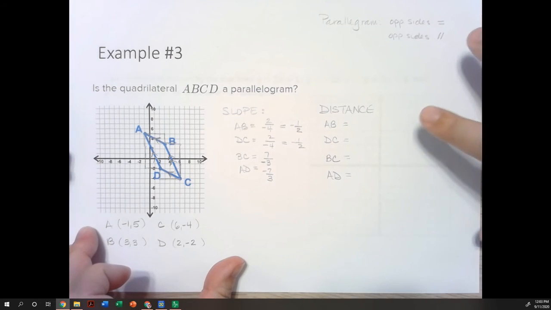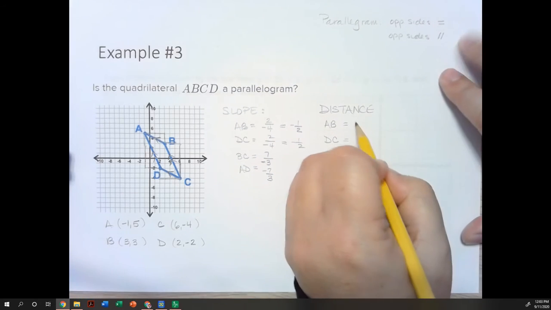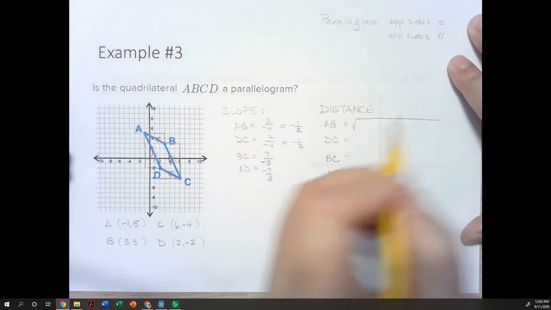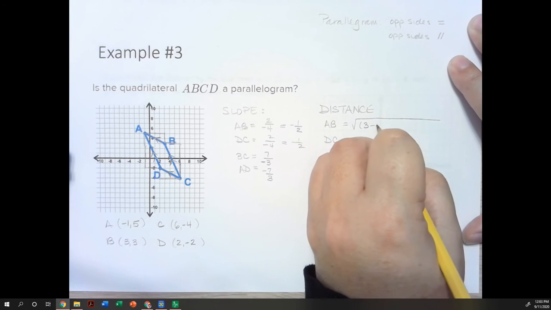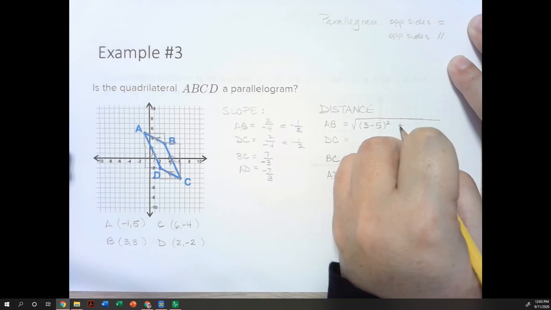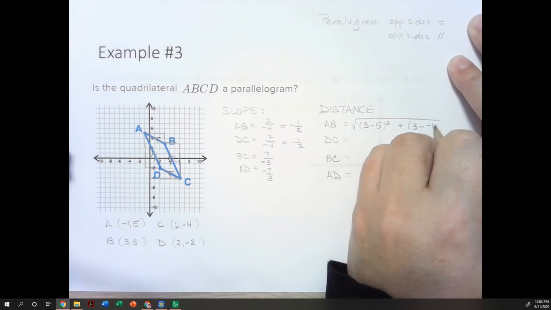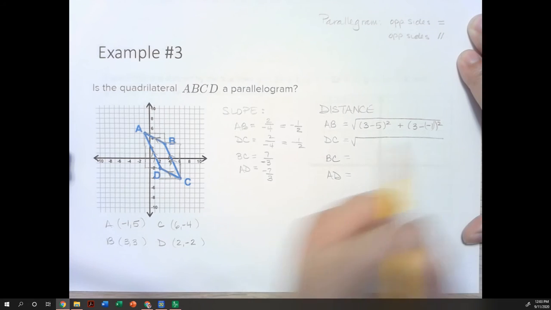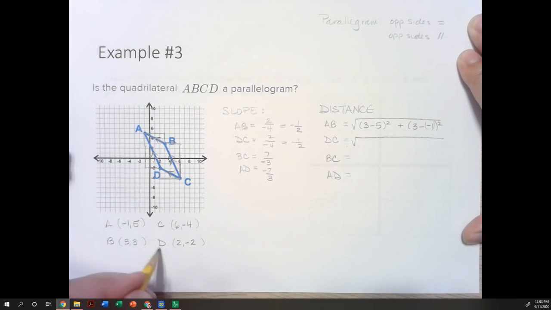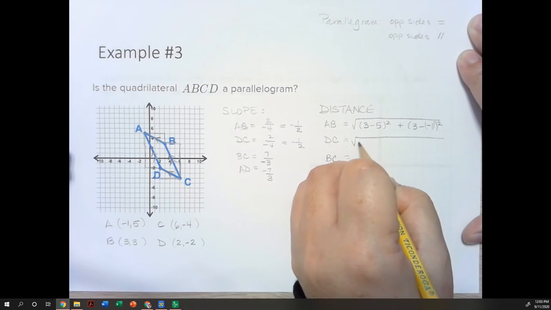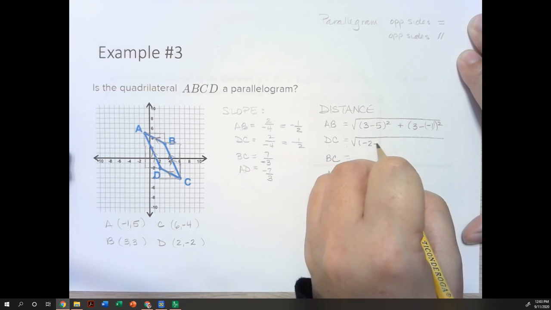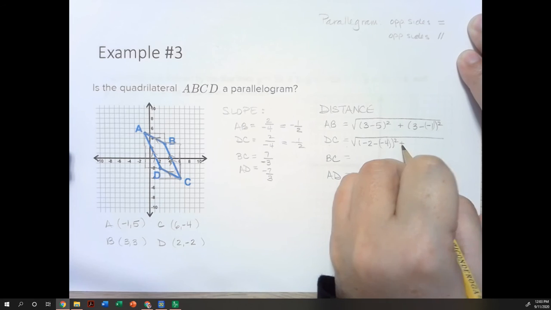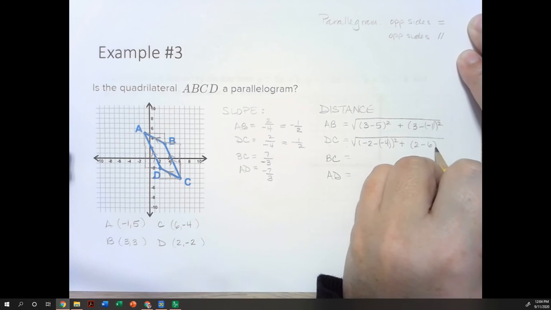All right, so from A to B, the square root of 3 minus 5 squared plus 3 minus -1 squared. The square root for DC: -2 minus -4 squared plus 2 minus 6 squared.